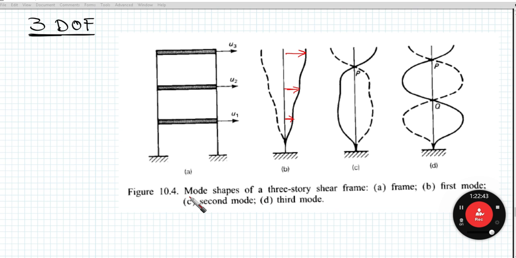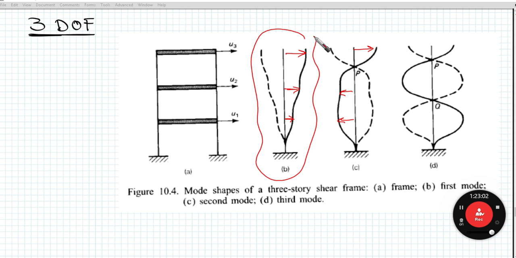However, for the second and third modes, you're going to find that some masses go in one direction and other masses go in a different direction. This means the masses are canceling one another. This is why you will always find the first mode contributes most to the total shape of the structure under motion.